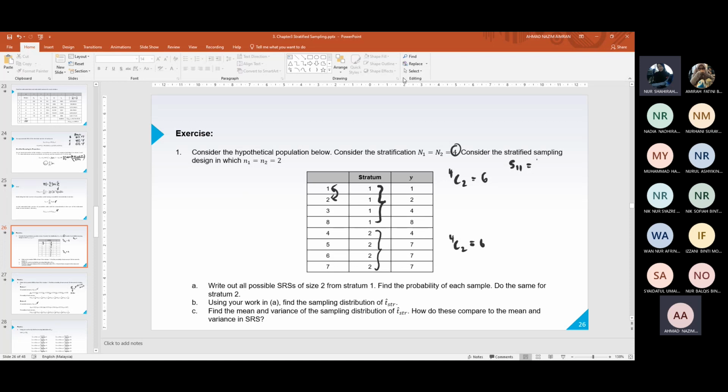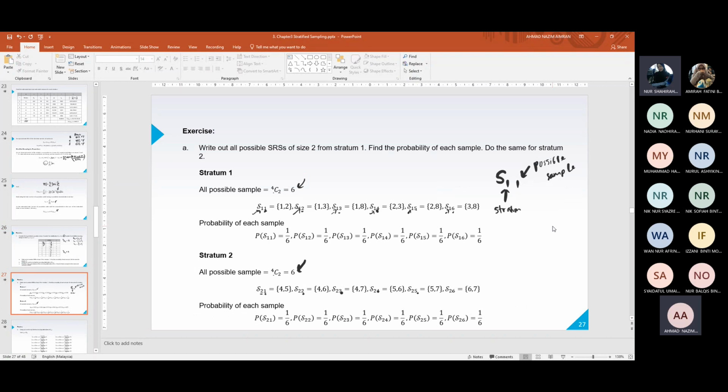S11 is 1 and 2, then 1 and 3, S12, 1 and 3, until you get S16. The last one will be 3 and 8. That is why here you get 1 and 2, 1 and 3, 1 and 8, 2 and 3 to 8, and the last one 3 and 8.